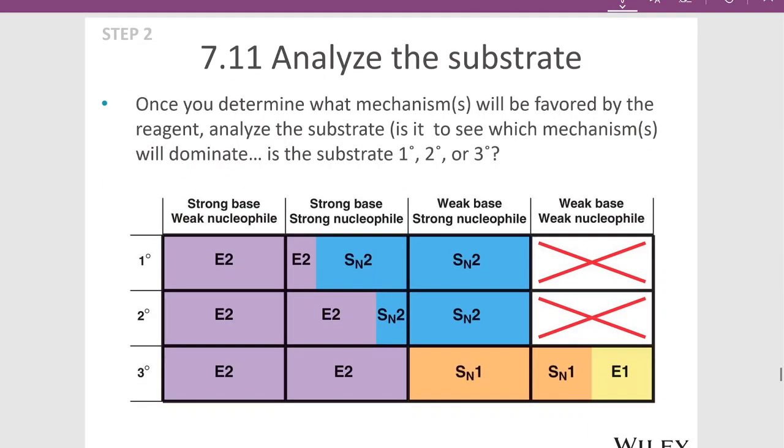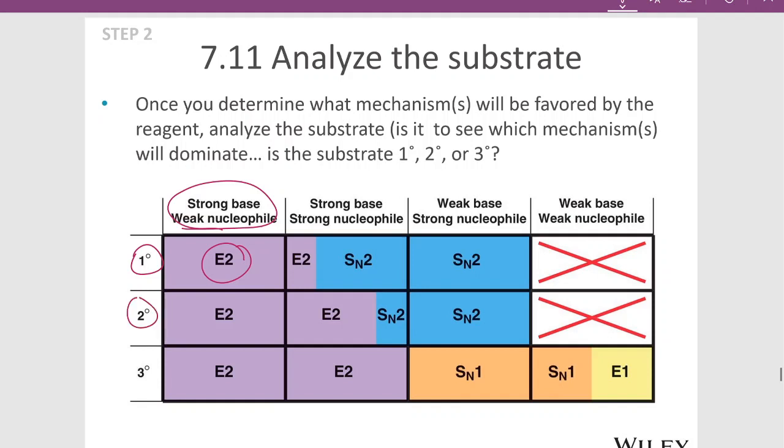Then we need to analyze our substrate. So once you determine what mechanism will be favored by the reagent, you can analyze the substrate to see which mechanism will dominate. So if you have a primary substrate and you have a strong base and a weak nucleophile, so strong base, but it's not a good nucleophile, so you're not going to get substitution. The base is going to give you elimination, then you're going to get E2.